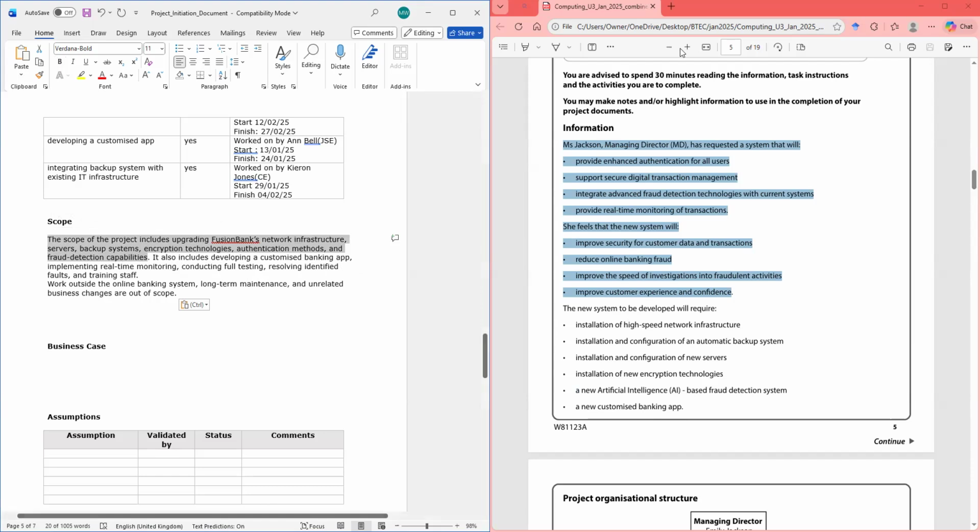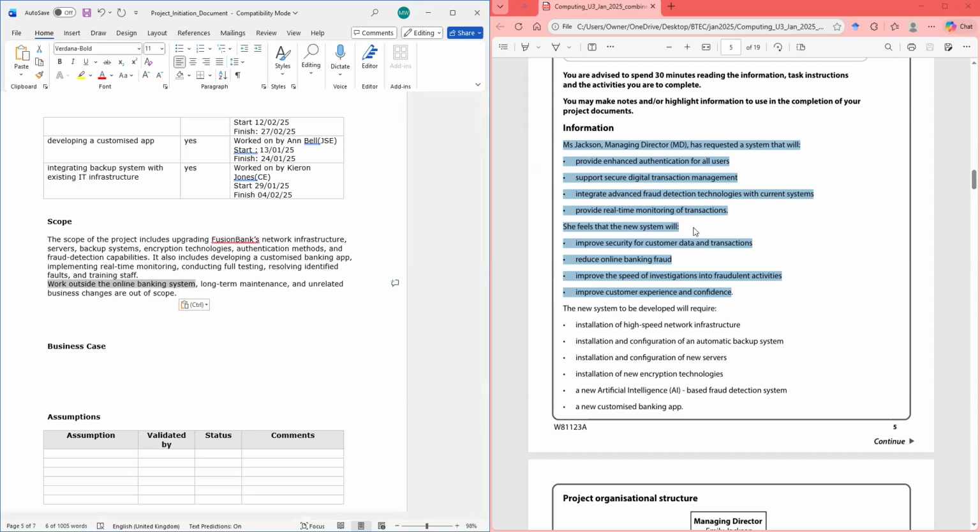But what it will not include is work outside the online banking system, long-term maintenance, and unrelated business changes that are out of scope. It will not include that. So the scope is what's included and what's not included.